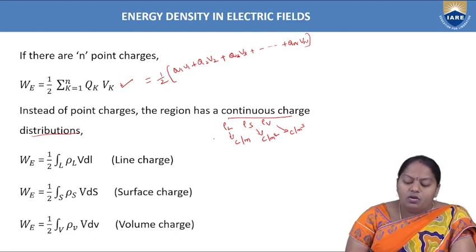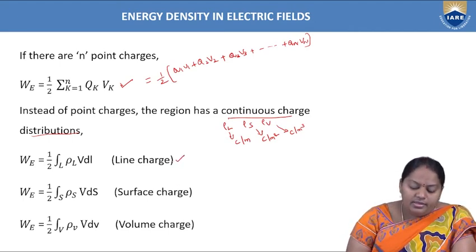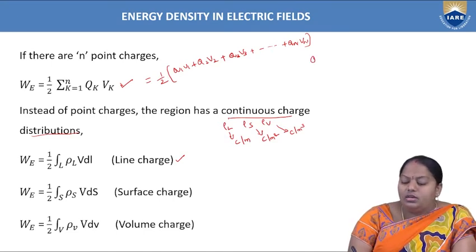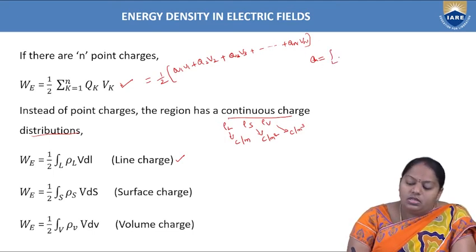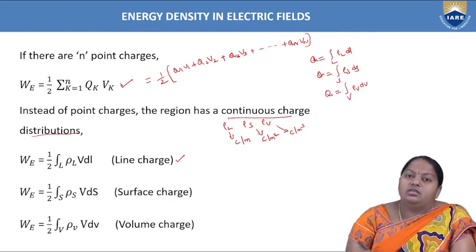Now if we express these continuous charge distributions in the work done case, then in place of Q, we write, as we know, the relations for the continuous charge distributions: Q equal to integral over L of rho L dl, Q equal to integral over S of rho S ds, and similarly for volume, Q equal to integral over V of rho V dV.